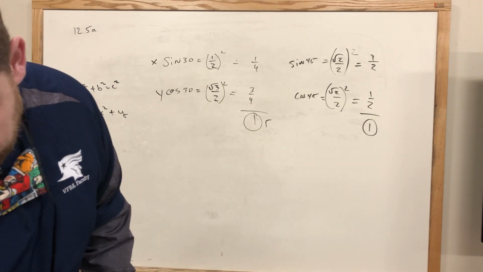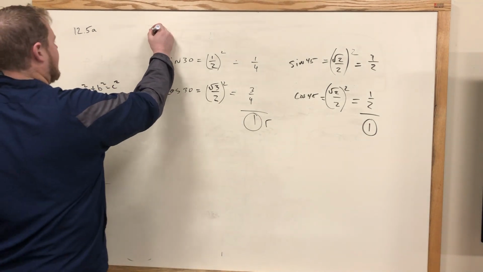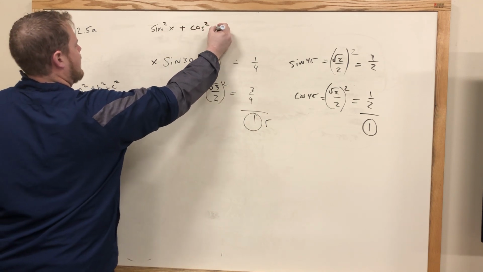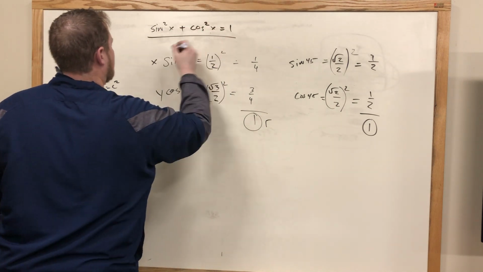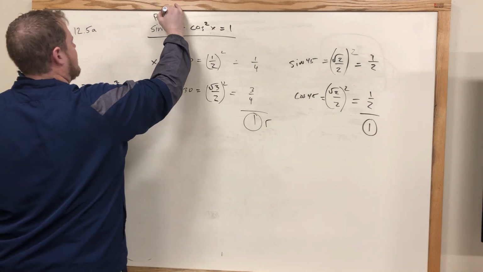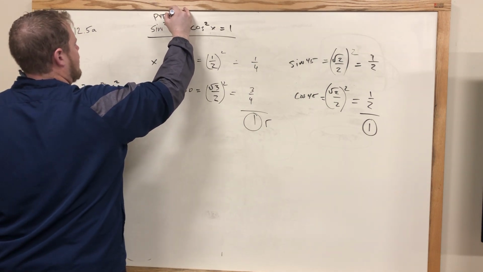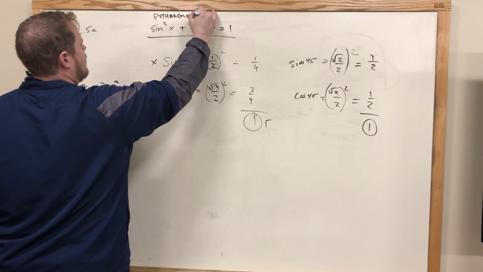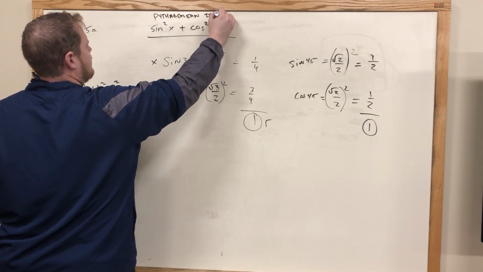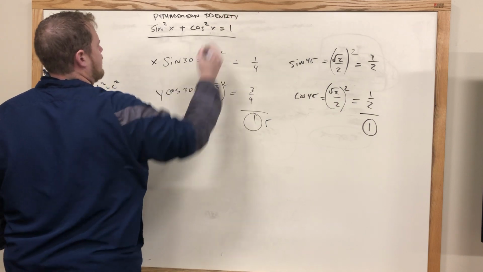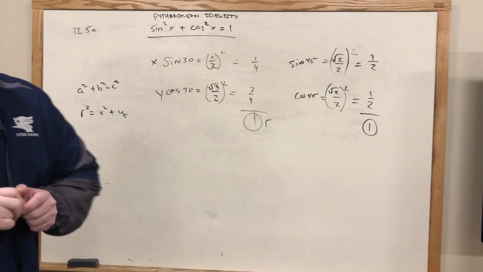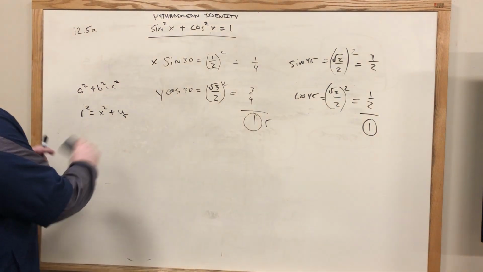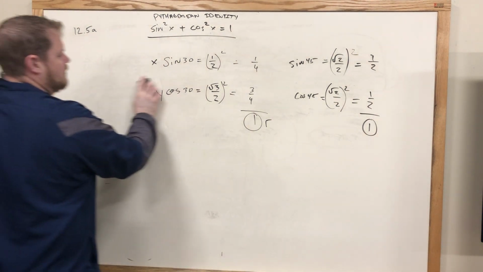It's going to look like this: sine squared x plus cosine squared x equals 1. This is the Pythagorean identity. So you have to memorize that, and you might need it in multiple different ways.